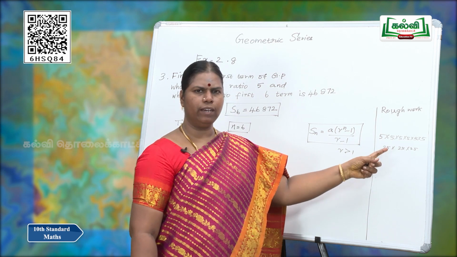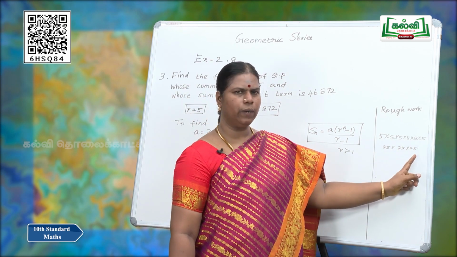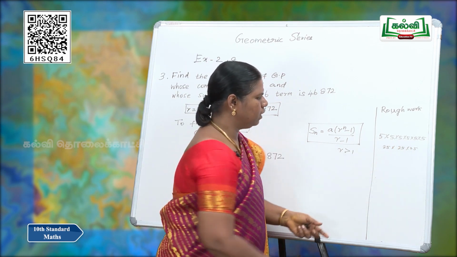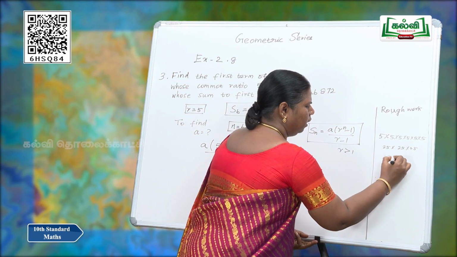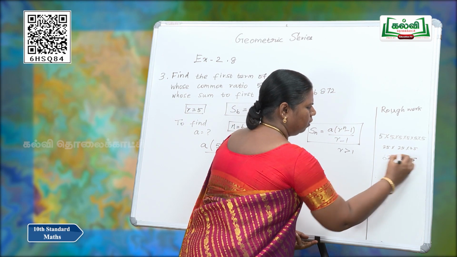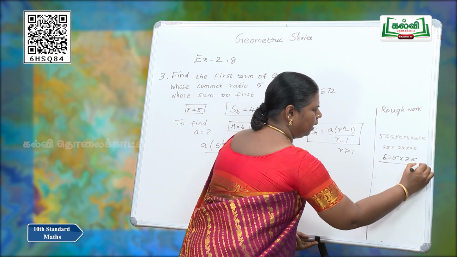5 5s are 25, 25 25s are 625, into 25. Again we have to multiply.